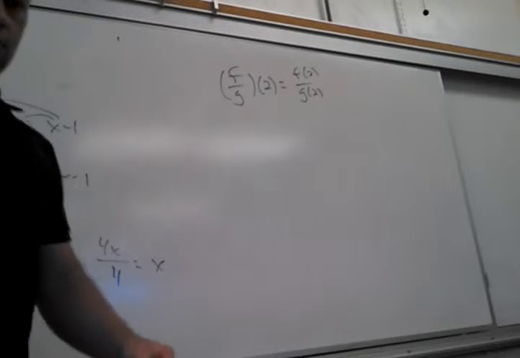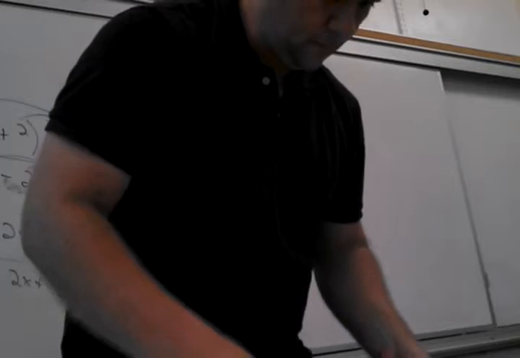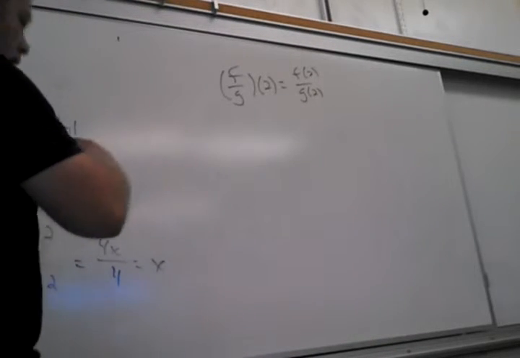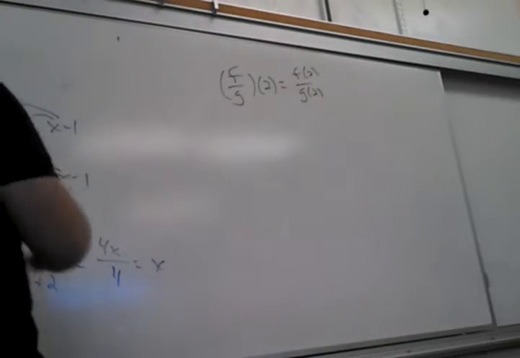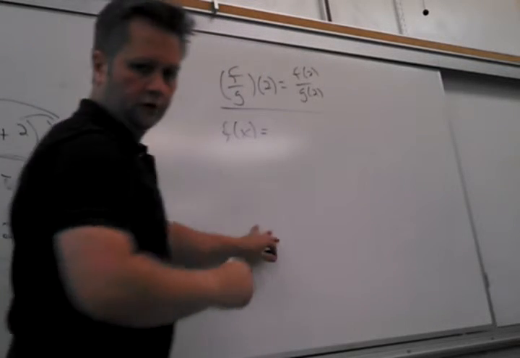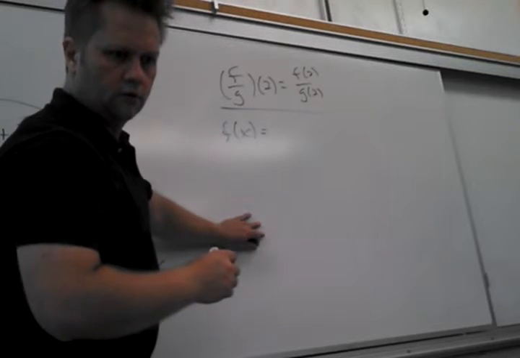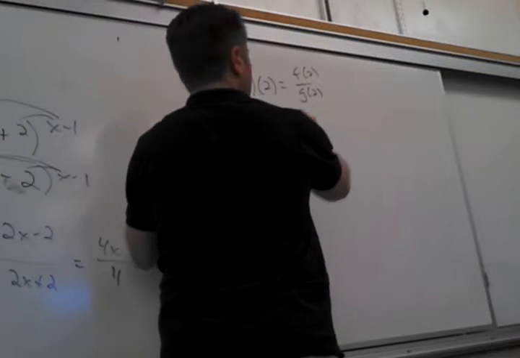Number 30, 2.7. Oh, okay, so that one's a lot like this one. They ask you the same question. Verify that these are inverses of each other.